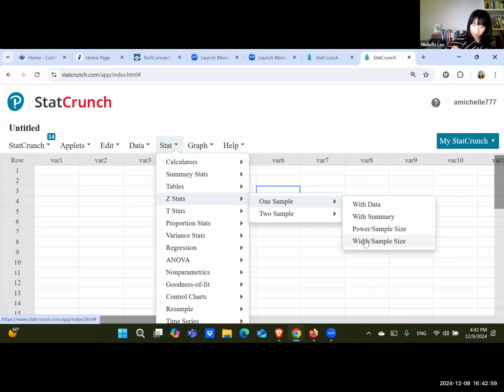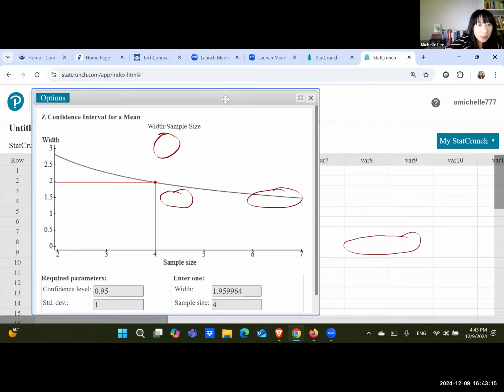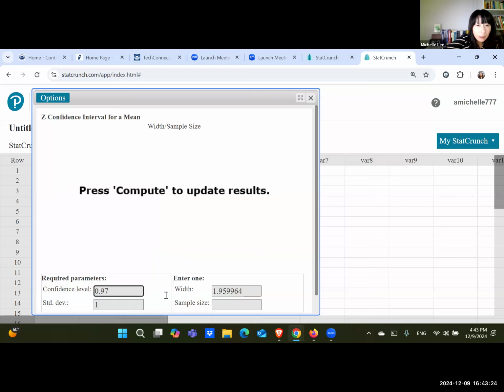Okay, so stat, Z stats, one sample with sample size. Click that. All right, now confidence level will be 97%. And then width, which is a 6, double the margin of error, right?